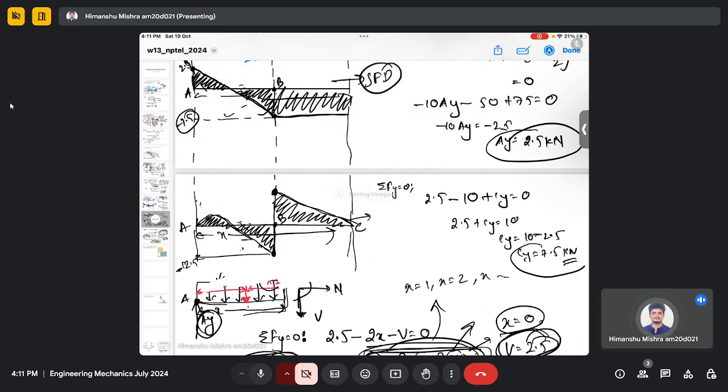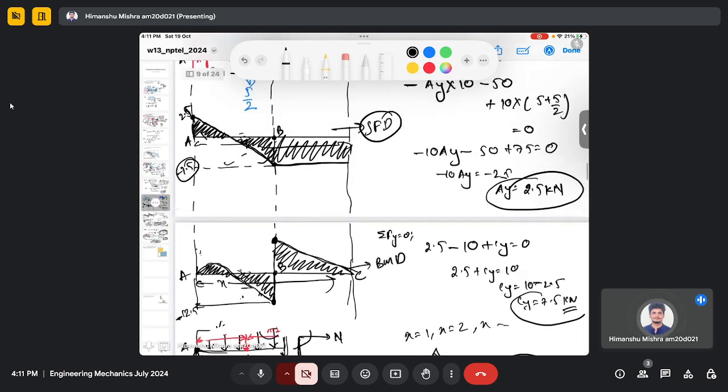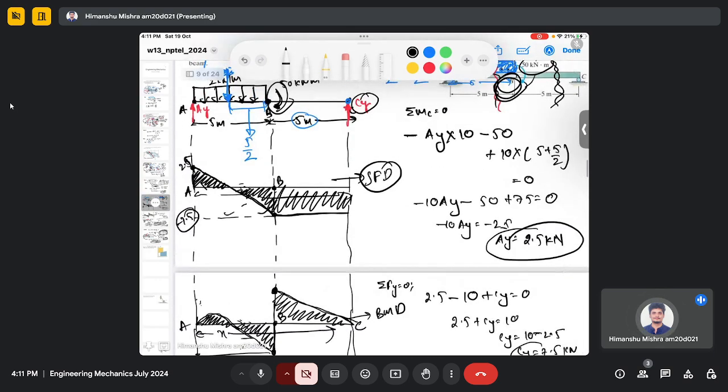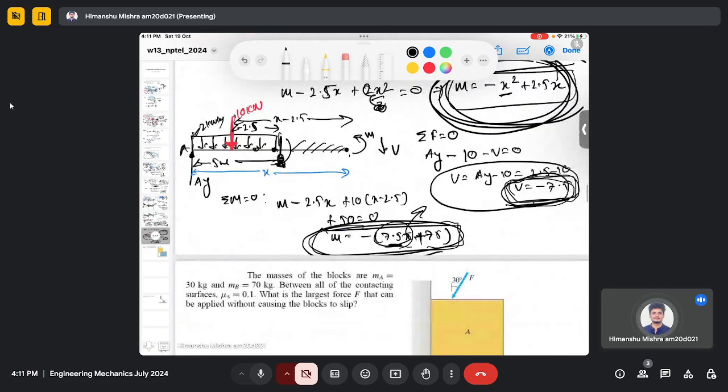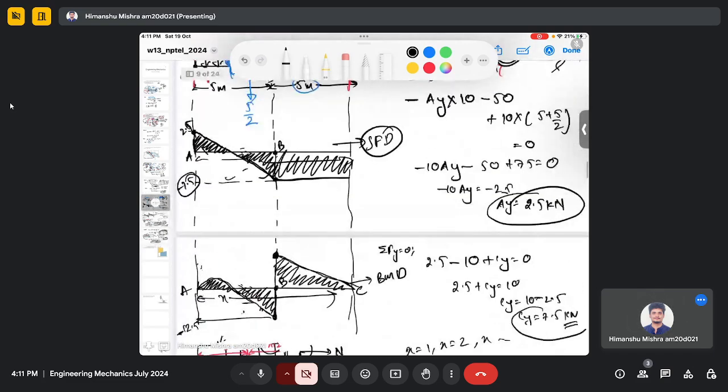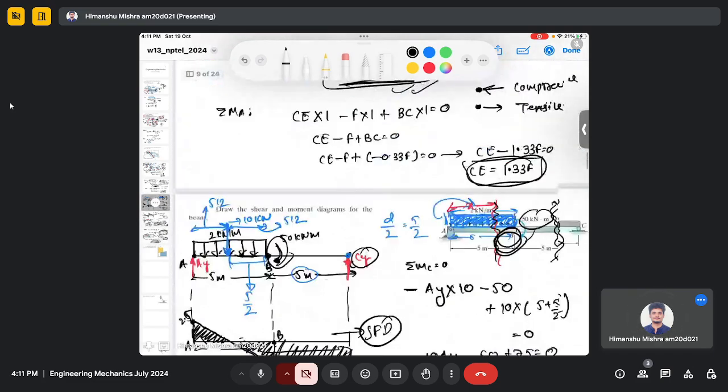So this is the bending moment diagram. The details about the variation can easily be deduced from the obtained equation. When you solve and obtain the equation, you can easily deduce the SFD and BMD.